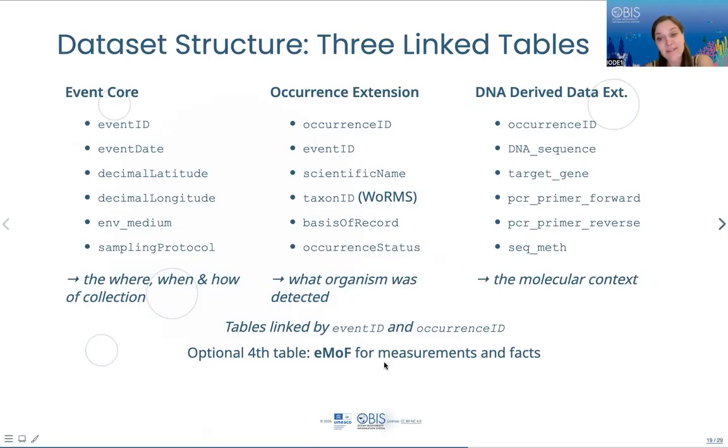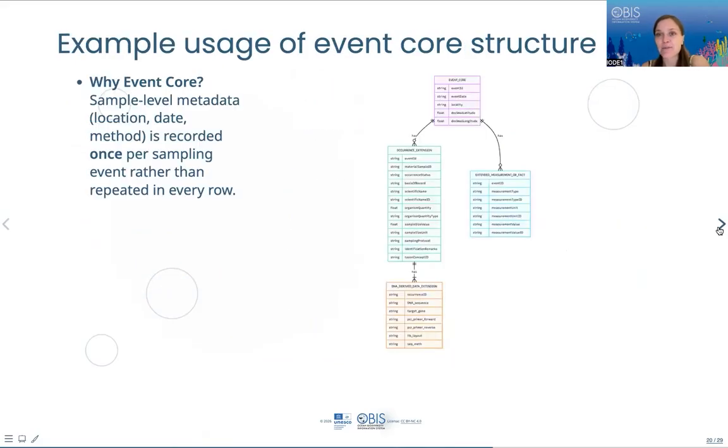In addition, you can have a fourth table, the extended measurement or fact, which I'll also talk about a bit later. Here it is depicted what it looks like when you have this organization of tables. The event core links to your occurrence extension, which links to the DNA-derived data extension. And then you can have the extended measurement or fact, which very flexibly allows you to record your physical and chemical measurements of the sampling event.